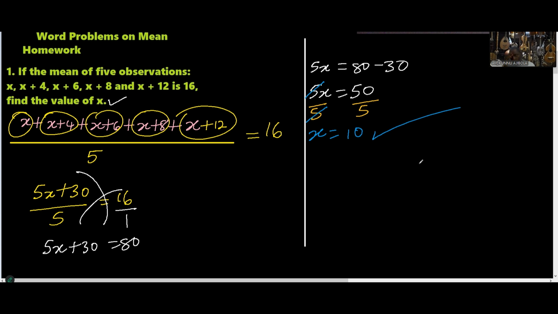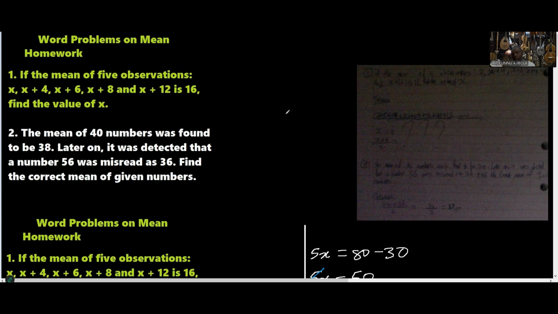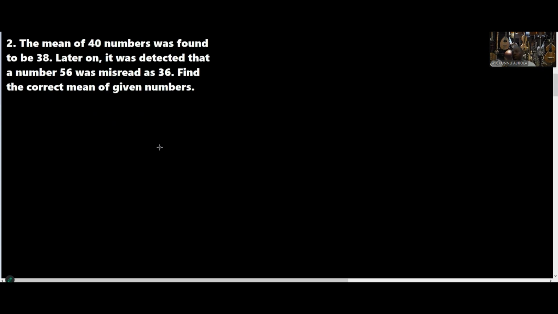Yes. Okay, let's look at the second solution before you write anything down. Then I'm going to give you some to try. This one is a little bit technical, but it's going to be the same. The mean of 40 numbers was found to be 38. The mean will be the sum of the 40 numbers, I call it S40, over 40 to give us 38.